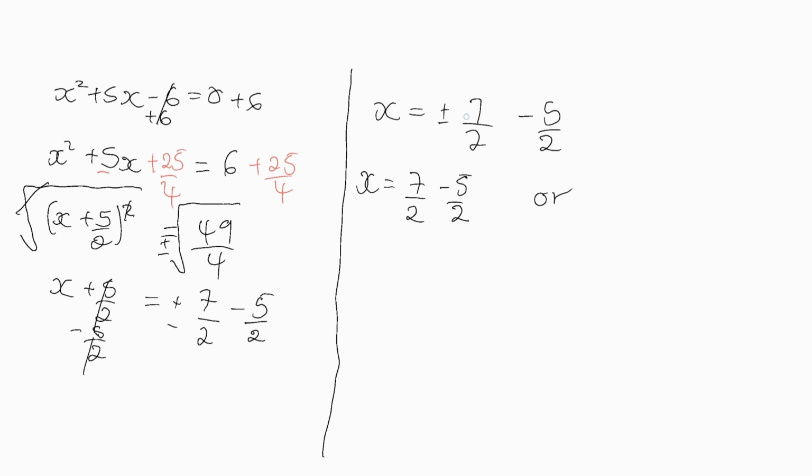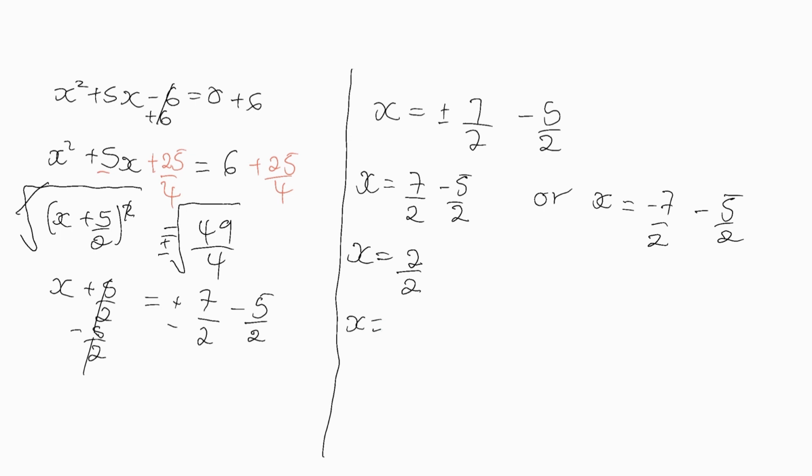Or now we want to get the second value of x. So to get the second value of x, we will use the minus 7 over 2. So minus 7 over 2 minus 5 over 2. So x is equal to 7 minus 5 is equal to 2 over 2.